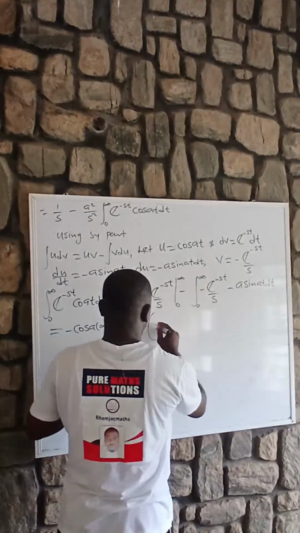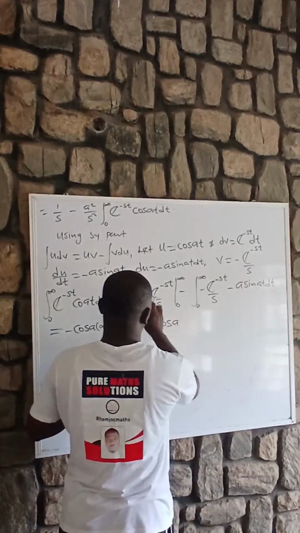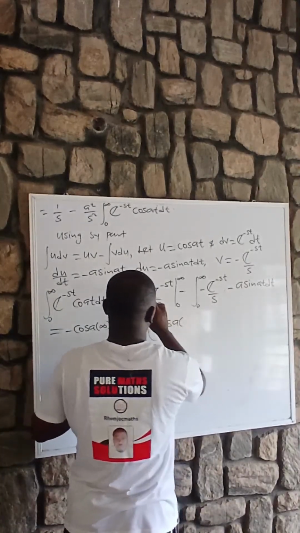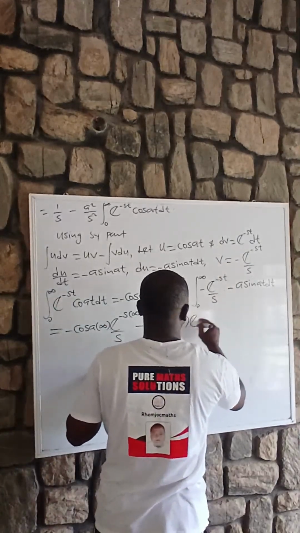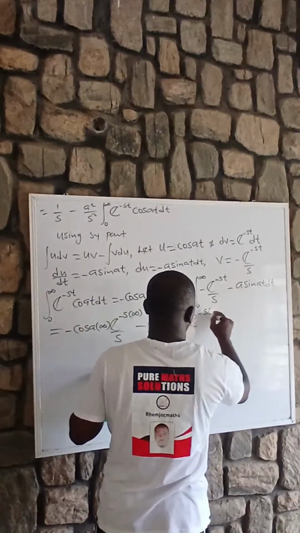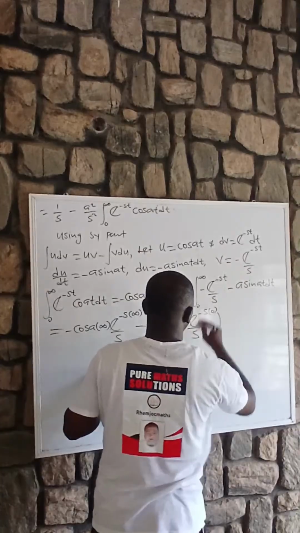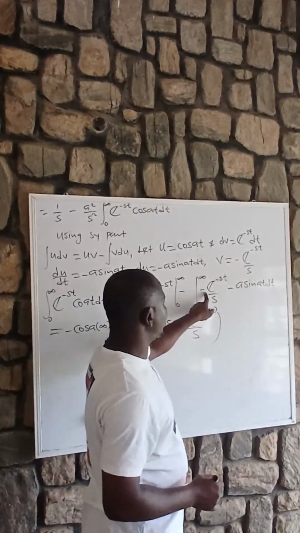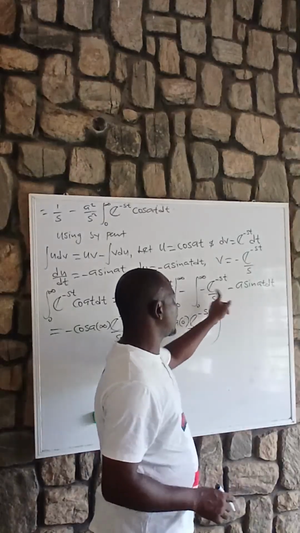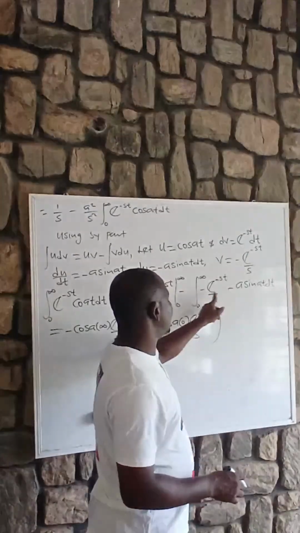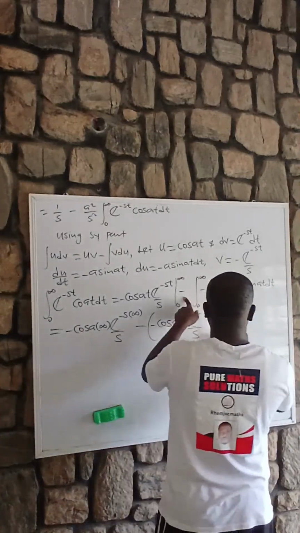So leave it in the bracket: cos a, anywhere you see t, you write 0, then exponential minus s open bracket 0 all over s. Close bracket. Inside the integral we have a negative, true or false? So minus times minus is plus.